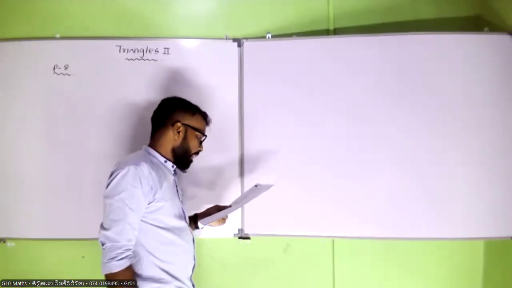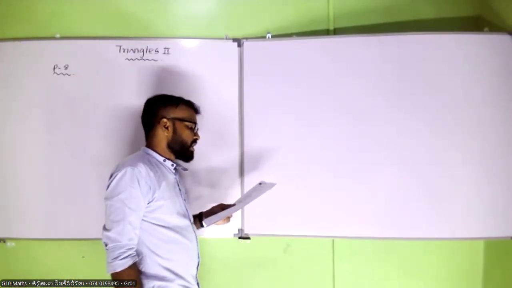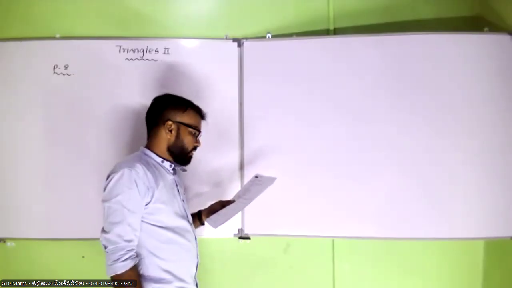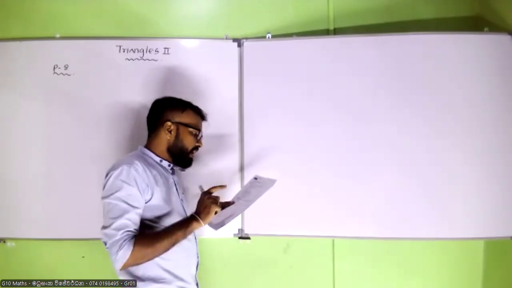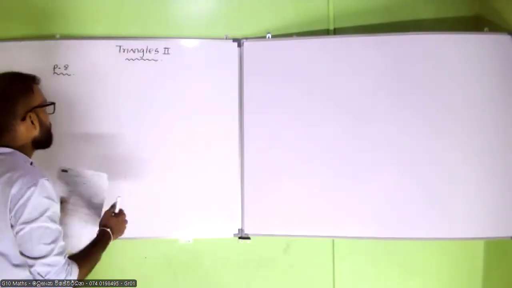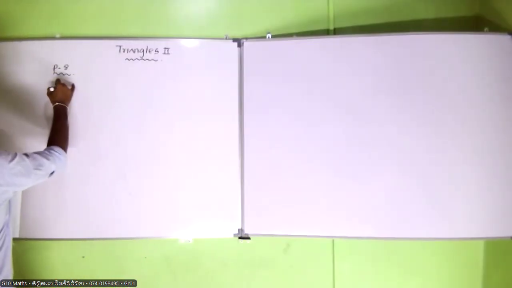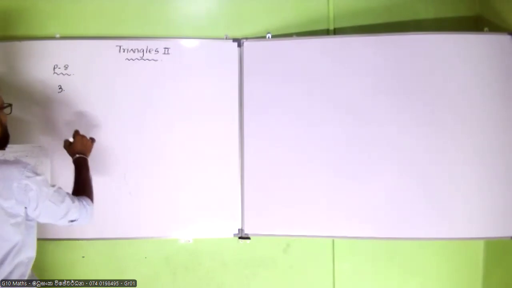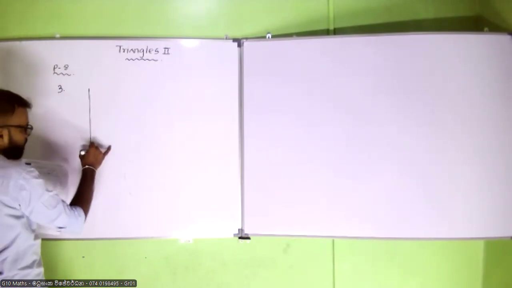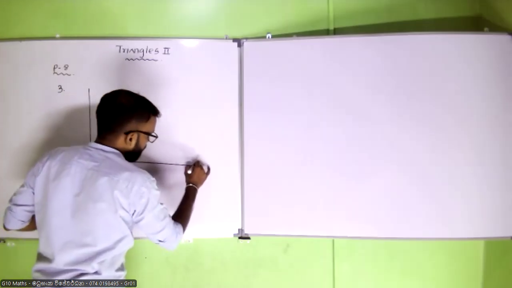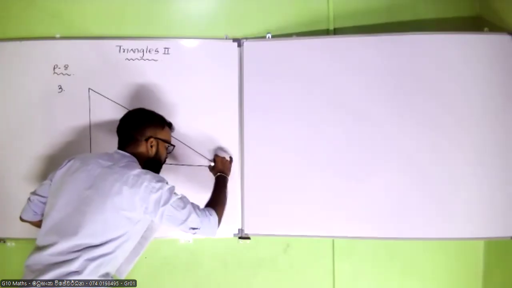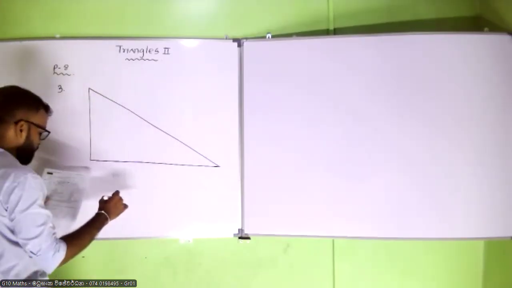The point D lies on the side AC of the figure, such that angle BAD equals angle DBA. First of all, let's draw the figure. Third one, page number 8, third question. So it is something like this. We have seen that.